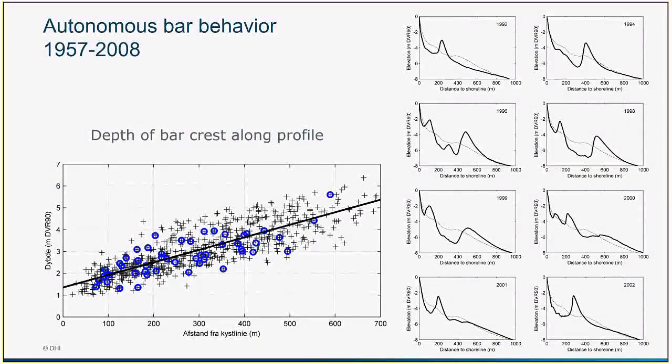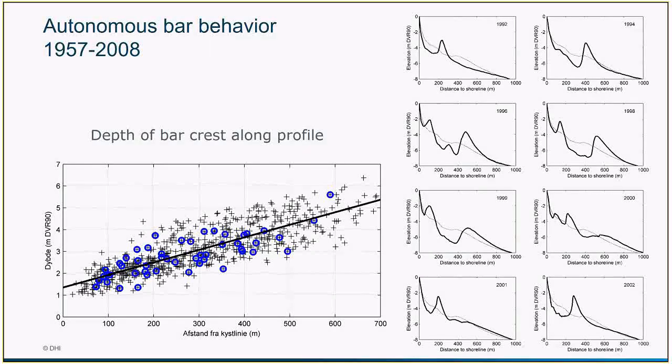Here we can see some of the profiles that have been extracted. The black thick line is the measured profile, and the dotted line is the average profile over time. The behavior we've detailed is very easy to see.